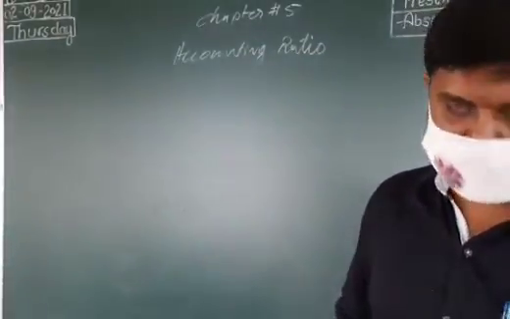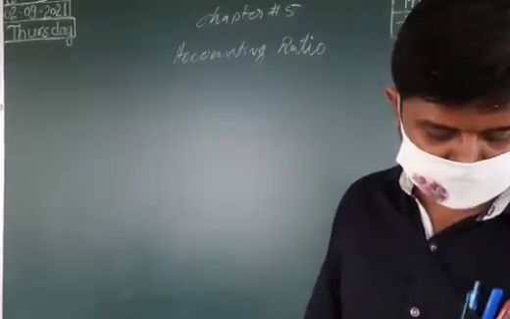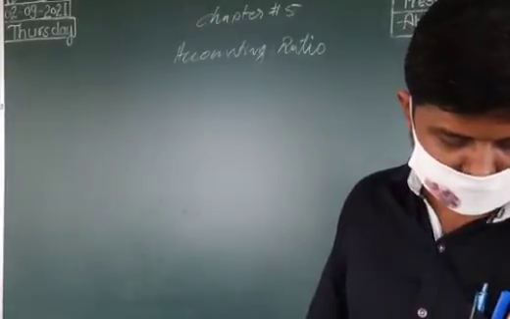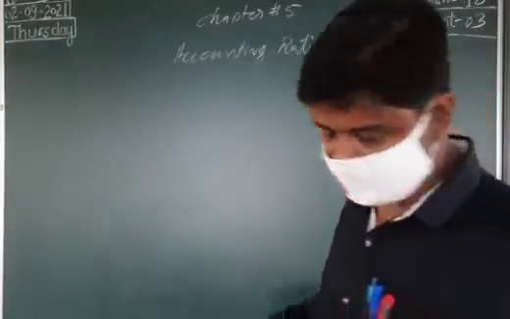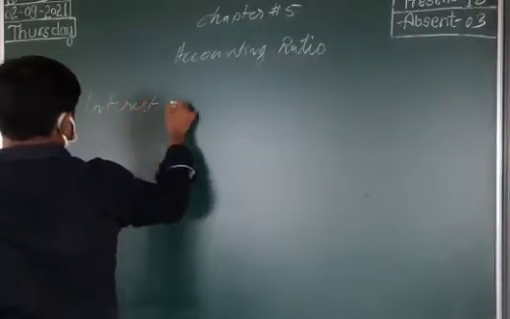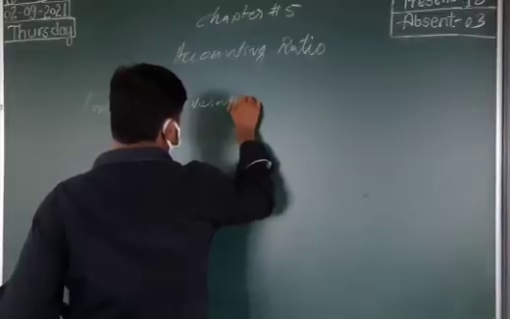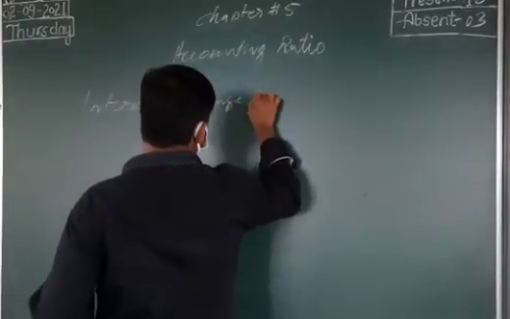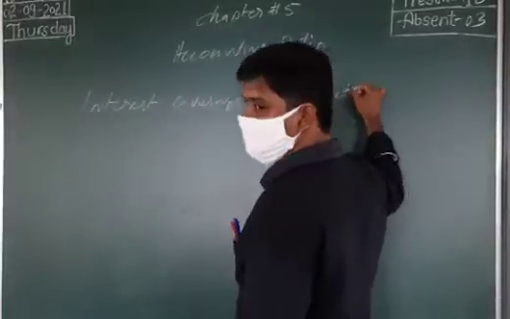To find this, one formula is net profit before interest and tax divided by interest on long term debts. What is the formula?